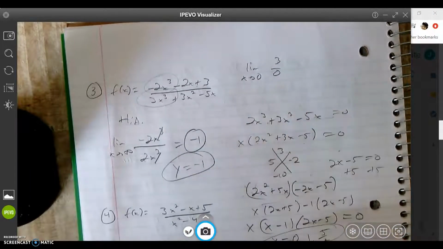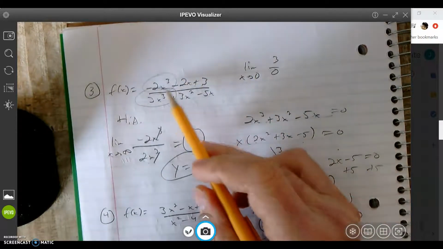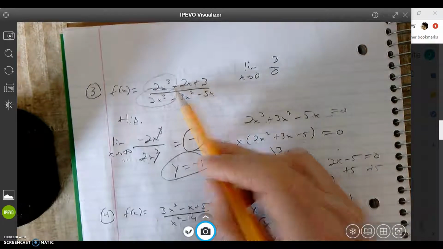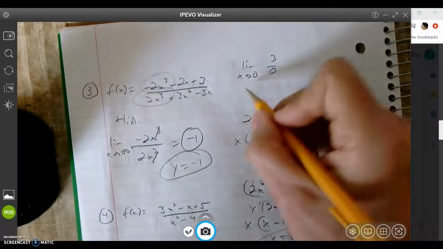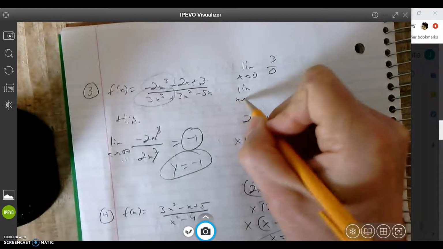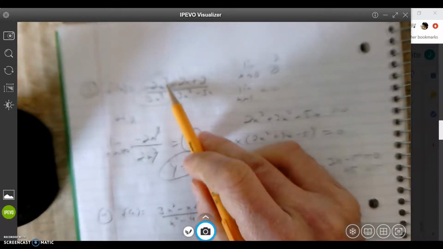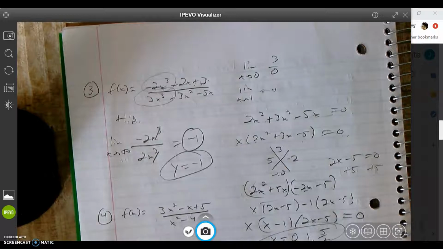If you plug in 1, that's going to be negative 2 minus 2 plus 3, which is not 0, so that's also going to work. So the limit as x approaches 1 is also going to work. And then if you have 2.5, let's get the calculator out.